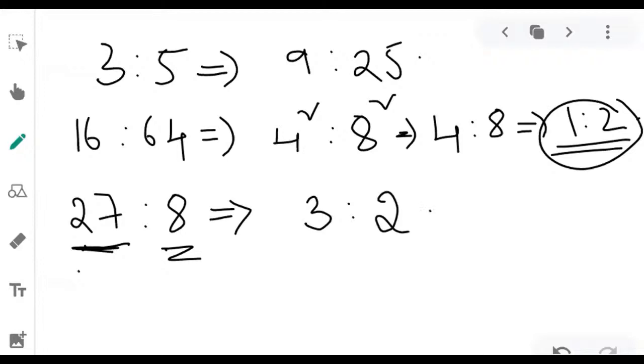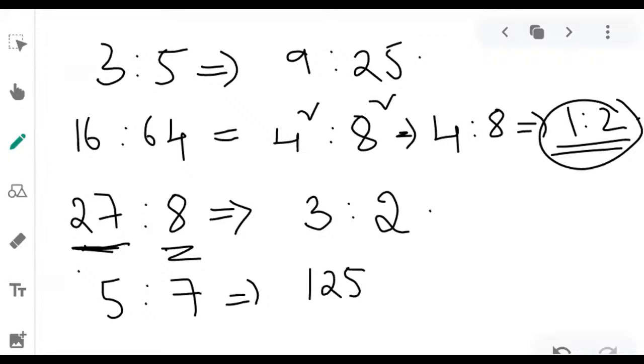Now, what is the triplicate ratio of 5:7? Triplicate means you have to multiply 3 times. 125 is to 343.